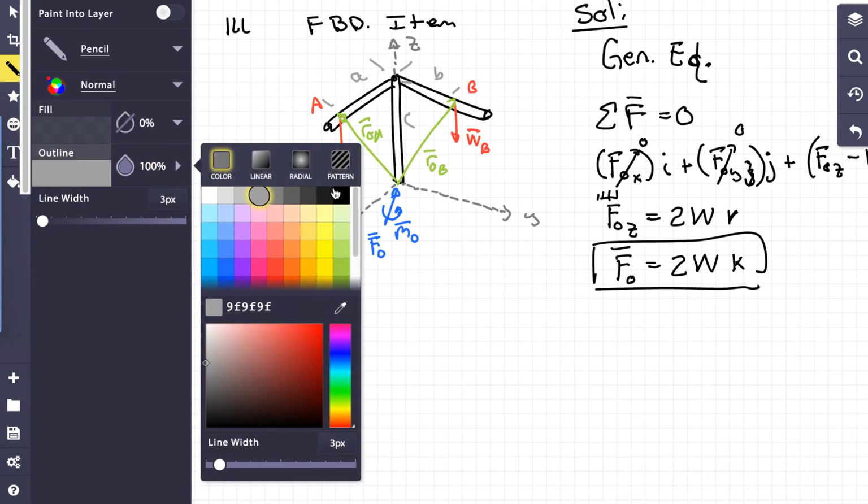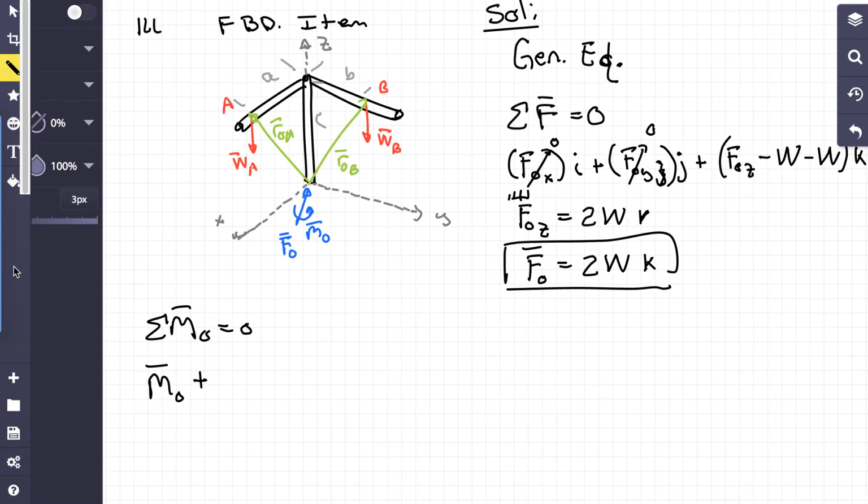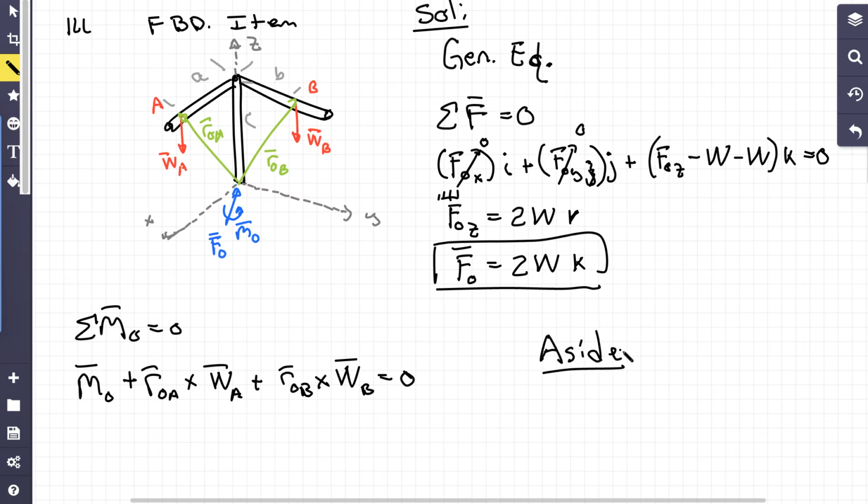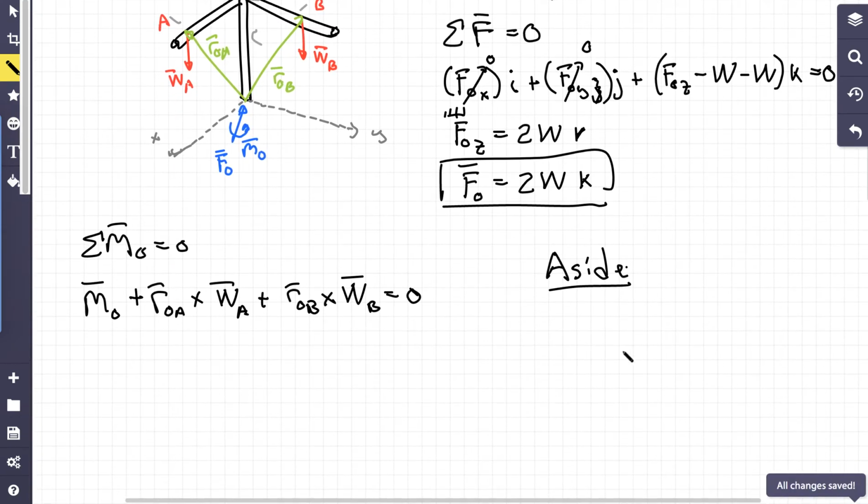But we're still in general equations, so we're one step beyond general equations, and we can say that R vector OA cross product with the W vector A, plus R vector OB cross with W vector B, all that is equal to 0. So let's draw on the side now, and let's define all of these.